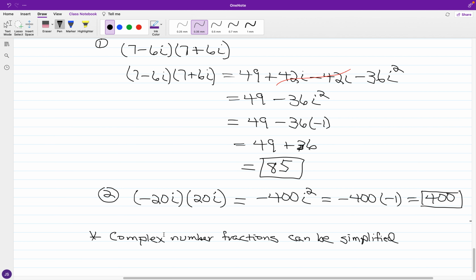Okay, complex number fractions can be simplified by multiplying, this is going to get a little bit wordy, but you have multiplying by 1 in the form of the conjugate of the denominator over itself.